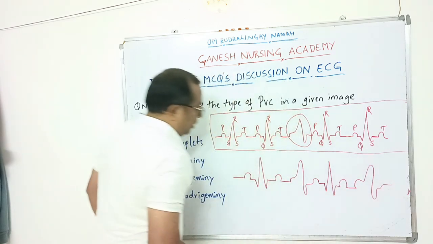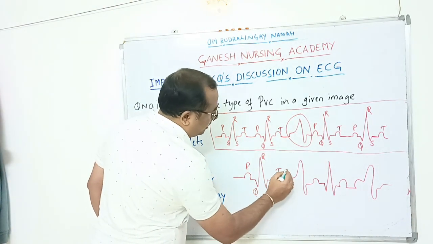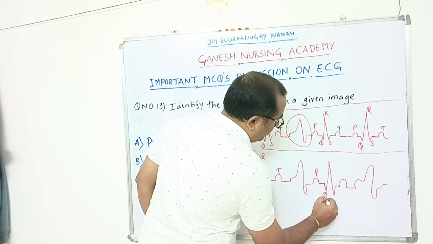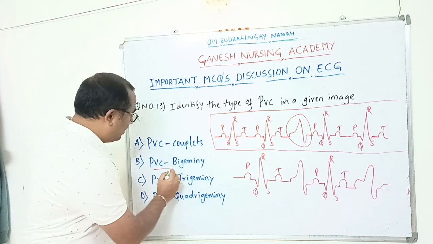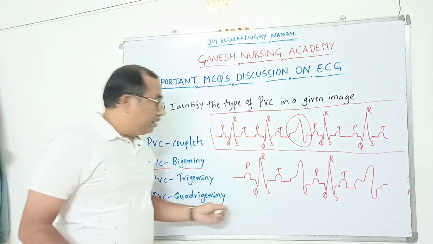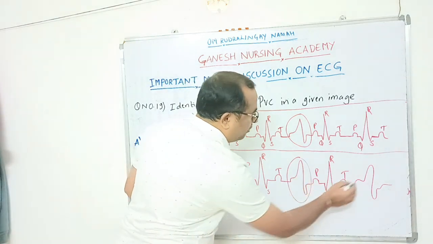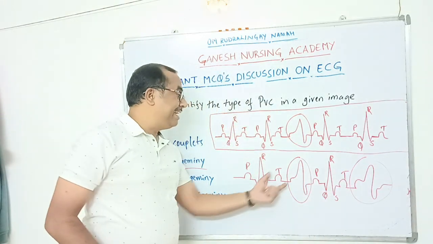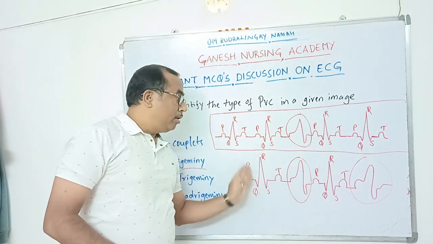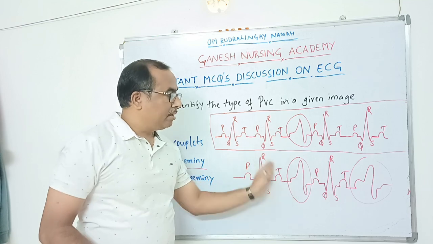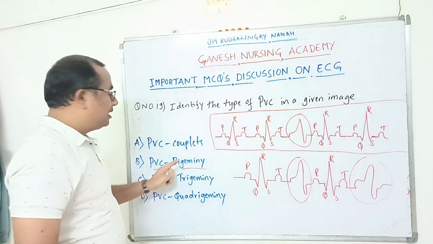See P, Q, R, S, T, then here P, Q, R, S, T. PVC bigeminy is one normal rhythm, then one ectopic rhythm, then one normal rhythm, one ectopic rhythm. So every second beat will be an ectopic beat. If we find alternating normal and ectopic beats, it is known as premature ventricular contraction bigeminy.